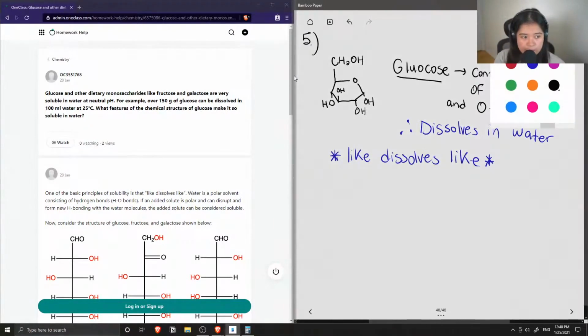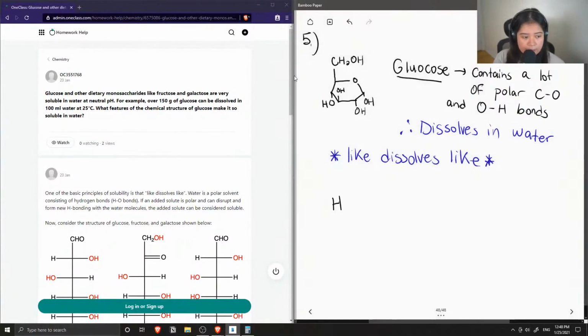So if we were to draw the structure of water, which is H2O, you'll get something like this. So it has a bent configuration, and also oxygen is much more electronegative than our two hydrogens.